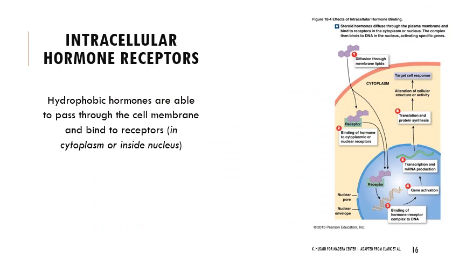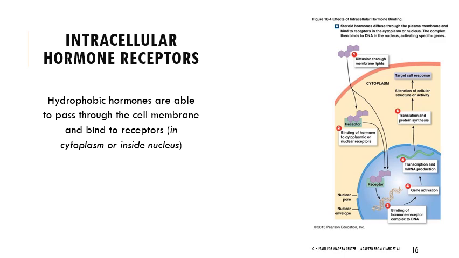With intracellular hormone receptors, this is very useful for hydrophobic hormones. Hydrophobic hormones, which are lipid-derived, can quite easily pass through the cell membrane and then bind to receptors. The receptors are inside of the cell, so they're floating around the cytoplasm.